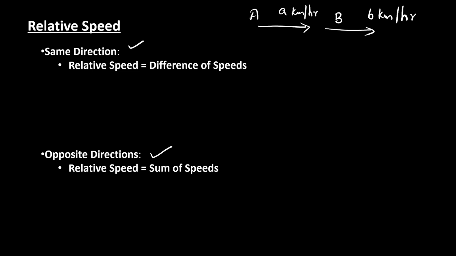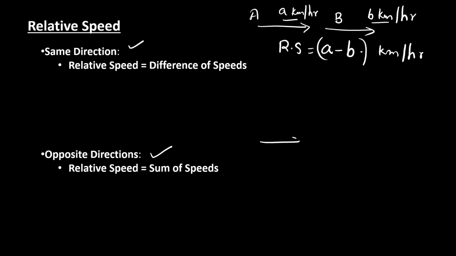Next we will see the relative speed. Here we have two cases. When both persons are traveling in the same direction, if person A has a speed of A kilometer per hour and person B has a speed of B kilometer per hour, then the relative speed will be the difference of their speeds, that is A minus B kilometer per hour.